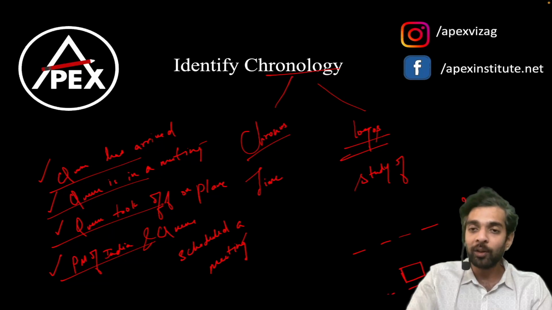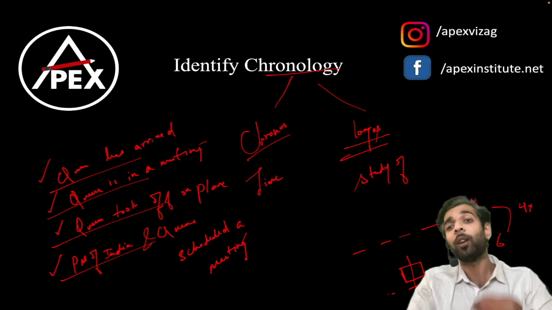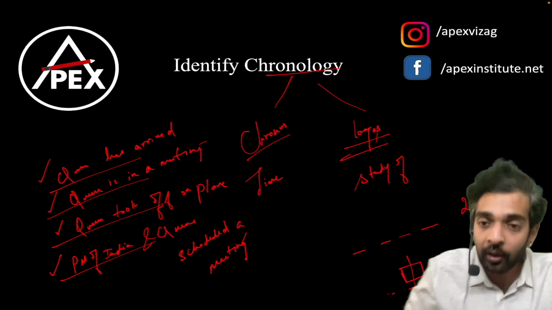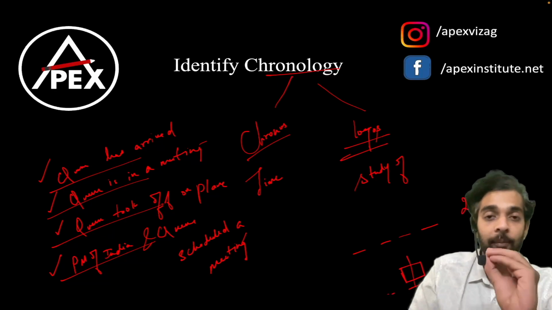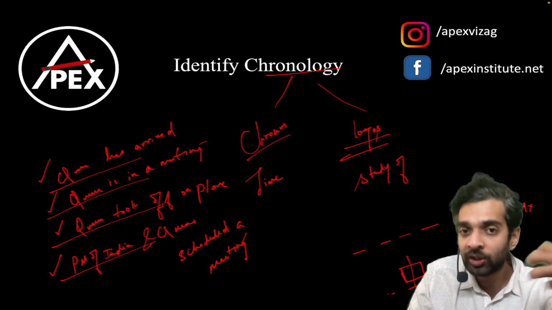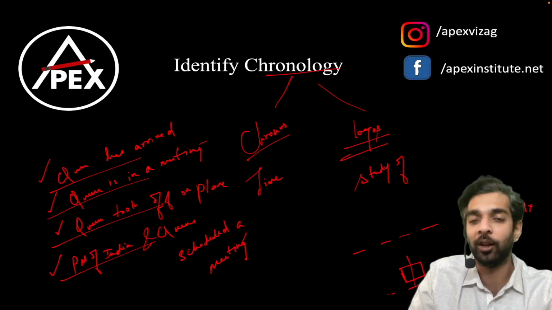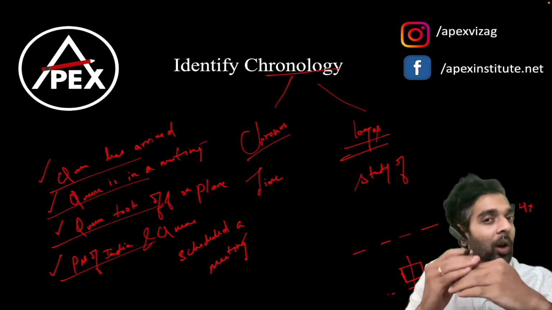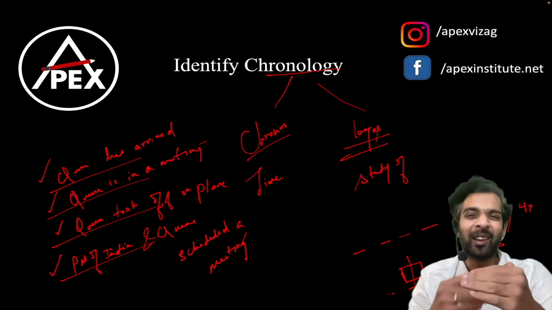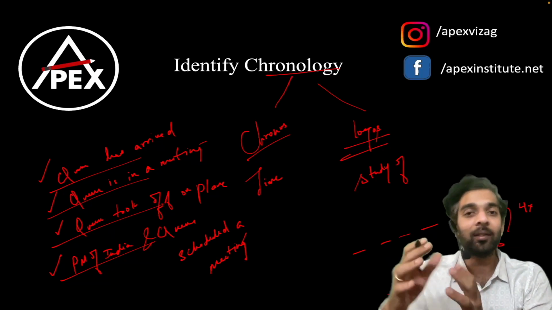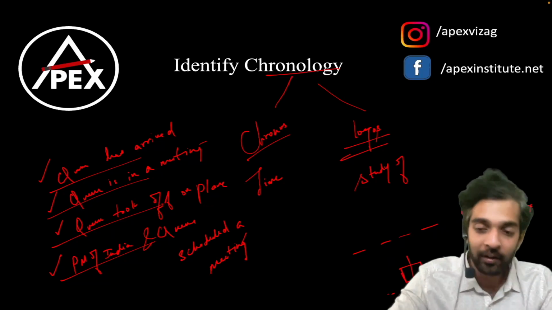So you're reducing your effort 4 times. Now, if you can just figure out that one of these parts is the opening sentence or one of the parts is the closing sentence, it reduces further. Correct? So verbal ability is more of logic than purely English. We have to use our logic to some degree so that we get an edge over the others in our English. Okay, guys? So let's move forward.